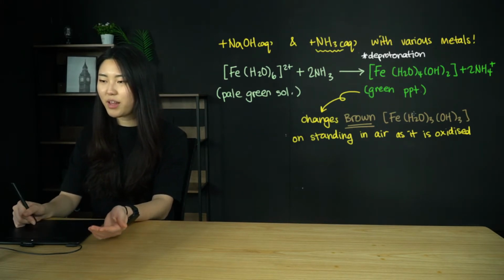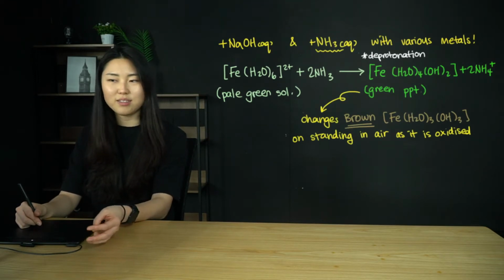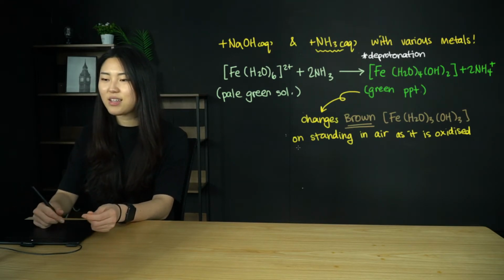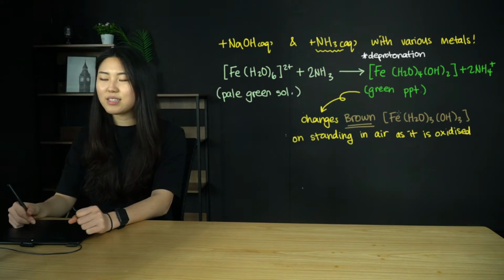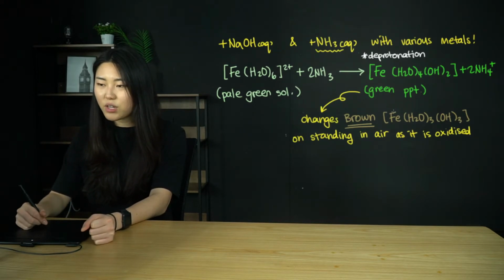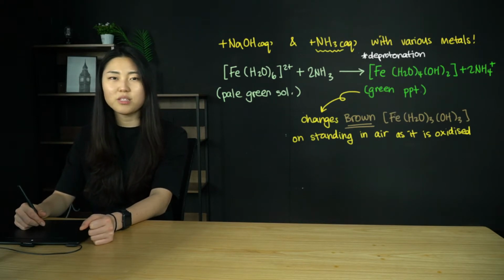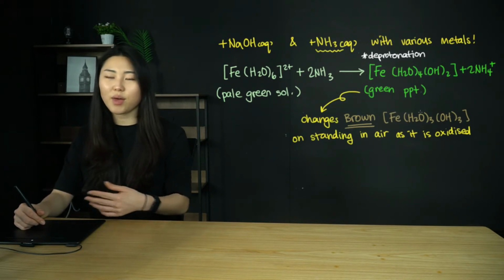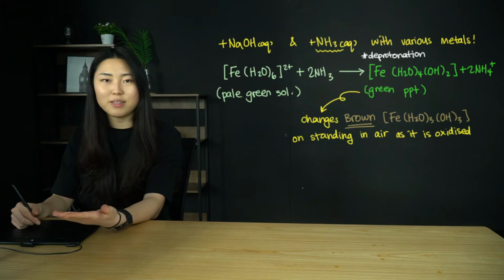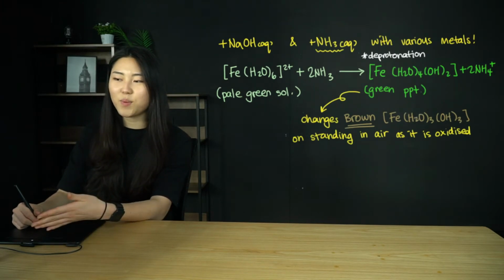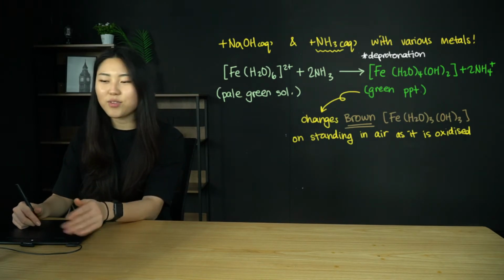So we have this formula Fe with 3 water ligands and 3 hydroxide ligands on standing in air as it is oxidized. So the Fe over here, the oxidation state, is going to be 3+, not 2+ anymore, because it has been oxidized, okay? This phenomenon is basically rusting, okay? So that's why rust is red-brown in color.